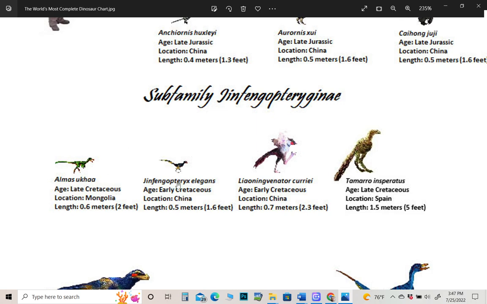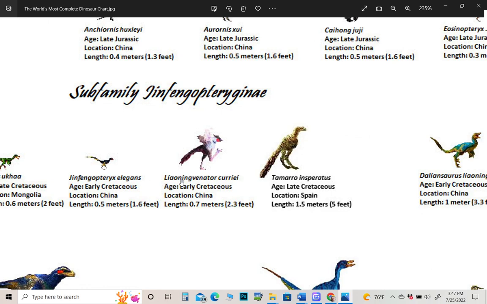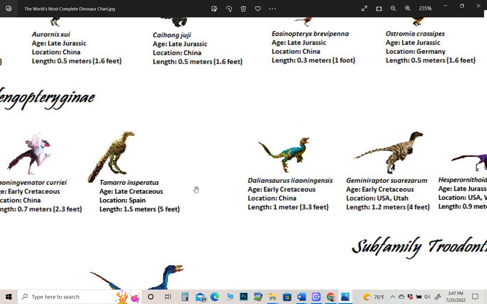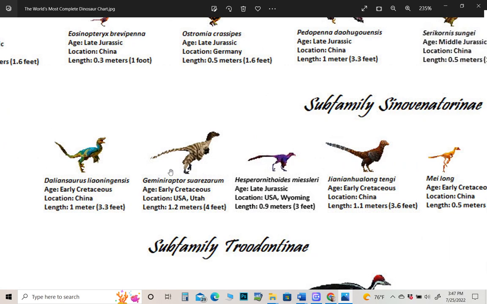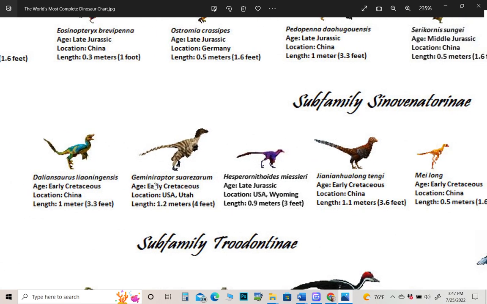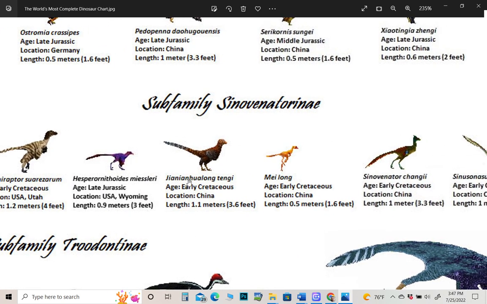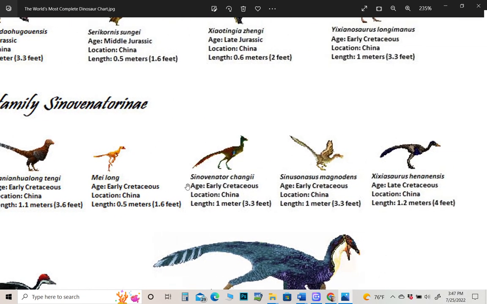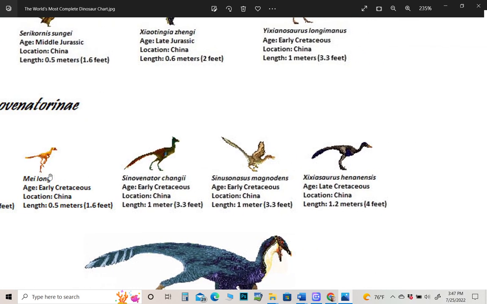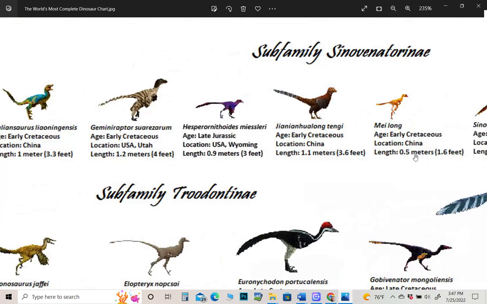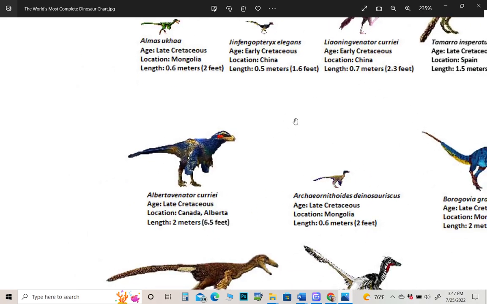Aurornis, Jinfengopteryx, Liaoningvenator, Tamarro, and then the Sinovenatorines. Daliansaurus, Gemini raptor, Hesperornithoides, Ianhulong, Mahakala. Sinovenator, I'm sorry, I was saying the species for all of them, so that's why I went back. Sinovenator, Sinusonasus, Xiazixiosaurus, and then the Troodont subfamily.